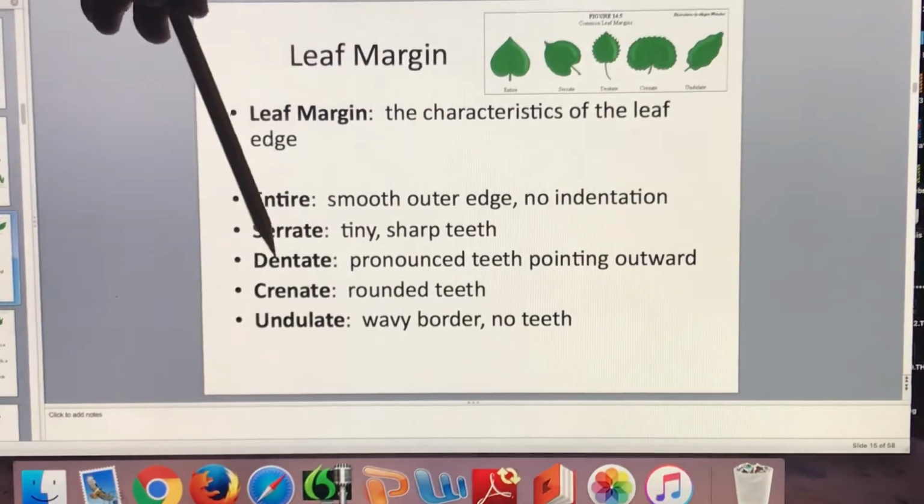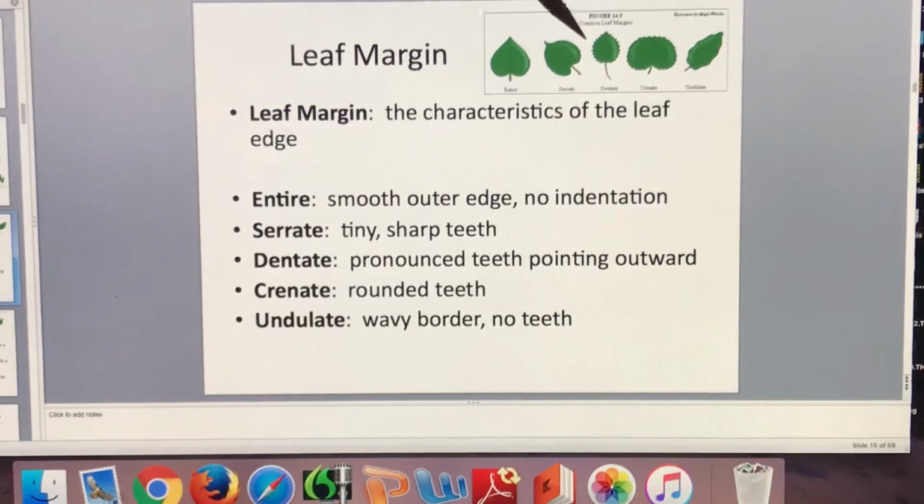The dentate, which has pronounced teeth, connecting to the word dental, or that root word. Then you have crenate, which has rounded teeth on the outside. And then finally undulate, which is more of just a wavy border and no teeth. So it's quite a bit of variety there.